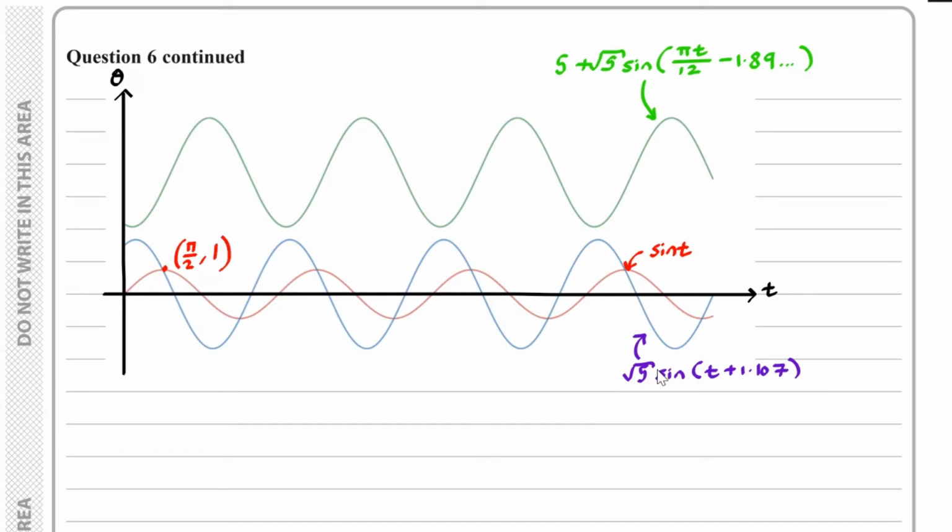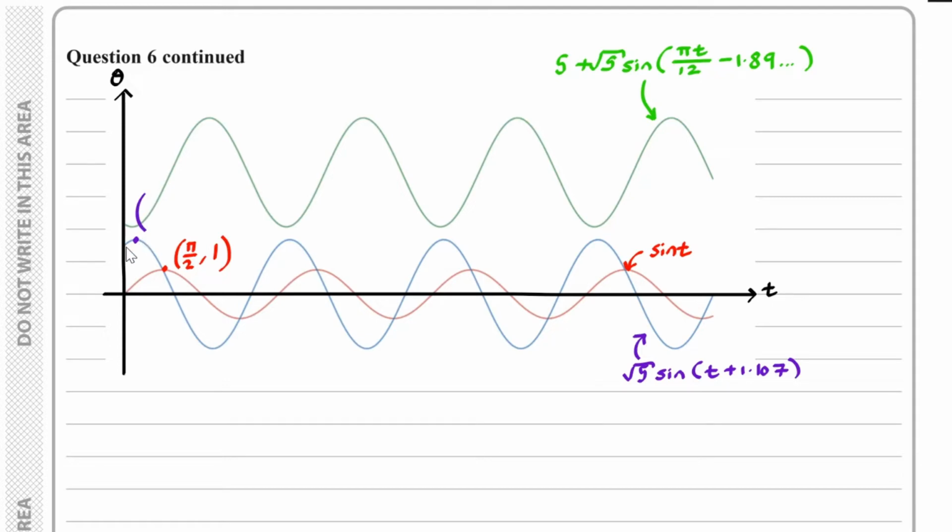And then once we find out what root 5 times by the sine of t plus 1.107 is, that's shown in blue, you'd find here the maximum is over here. It's translated 1.107 units to the left.